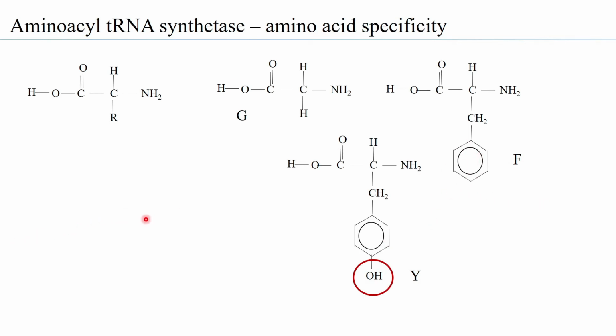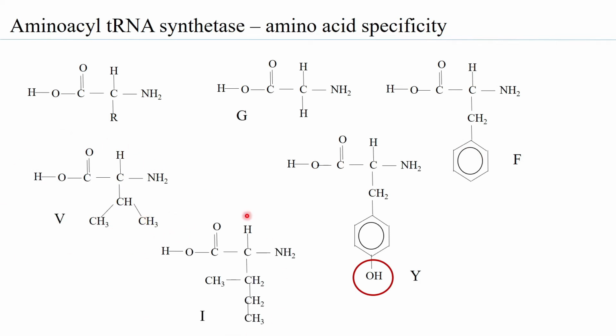Now let us take another example. Say for example you have valine and you have isoleucine. What you observe over here is that the R group differs from each other only by one methylene group. This has one extra methylene group than this. Secondly, both are branched. So you can see that you have branched present, and of course both are again non-polar.